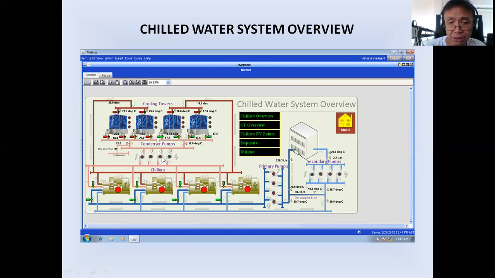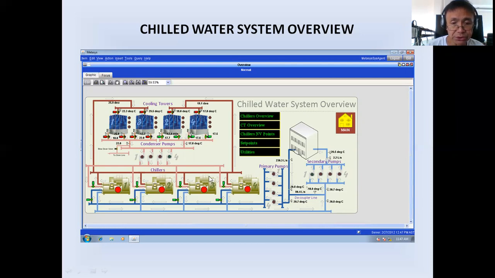So there will be some animation. Likewise, in this cooling tower, you will be able to see the number of fans working in each cooling tower. Okay. So for the cooling towers, all in all, we have 12 condenser fans, okay, or 12 cooling tower fans. Now, okay, let me go back.